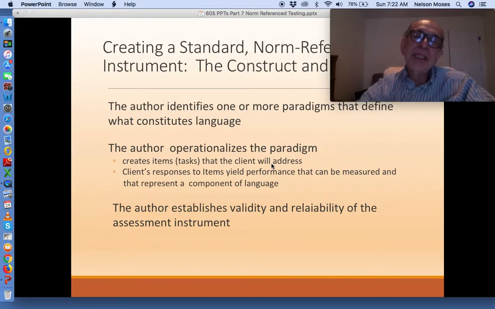So the author must establish validity and reliability, and we clinicians, when we select the instrument, have to read that manual and use our powers of judgment and analysis to ask ourselves, has validity and reliability been established in an acceptable way, in a way that we can trust?